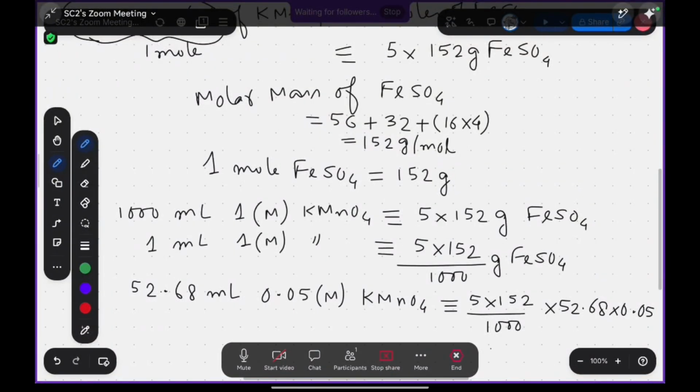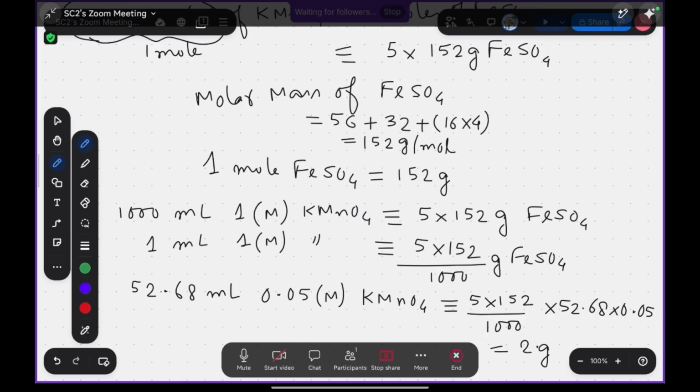That is 5 into 152 into 52.68 into 0.05 divided by 1000. I am giving you some time. The answer comes out to be 2.001, so approximately 2 gram.